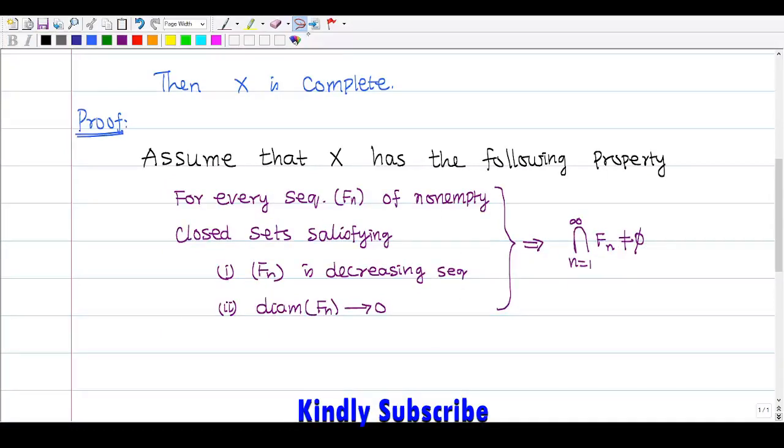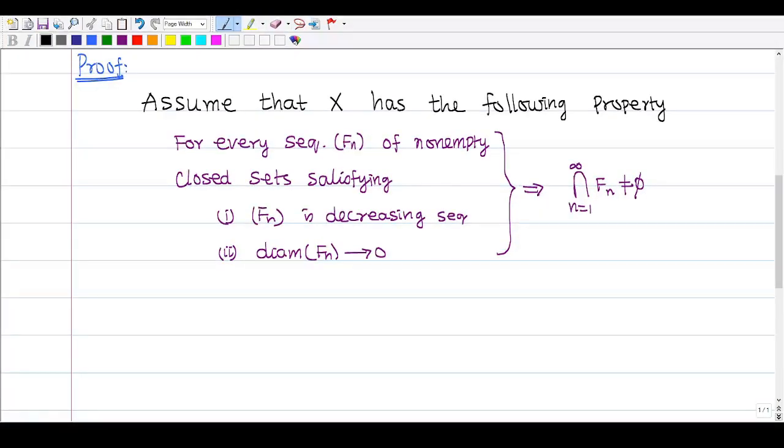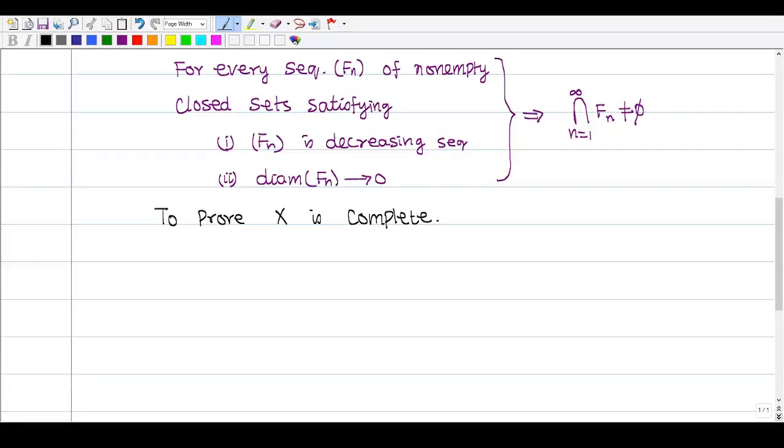Now என்ன proof பண்ண போறேன் அப்படின்னா, we need to prove capital X is complete. இதுதான் நான் சொல்லணும். இது complete சொல்றதுக்கு என்ன பண்றேன்?